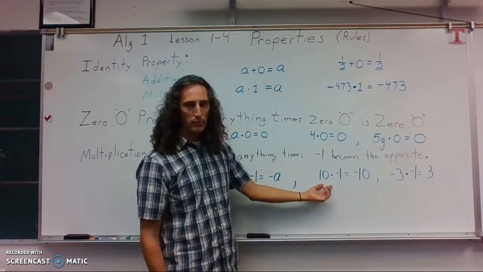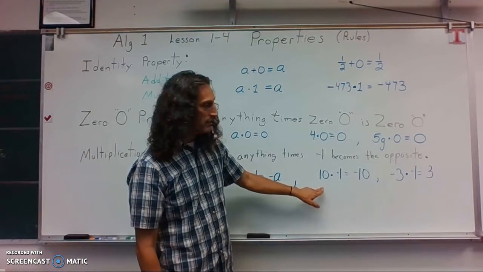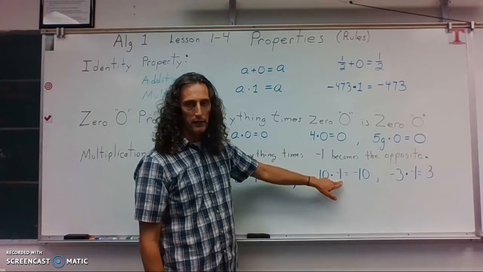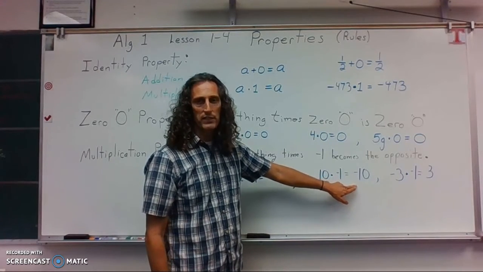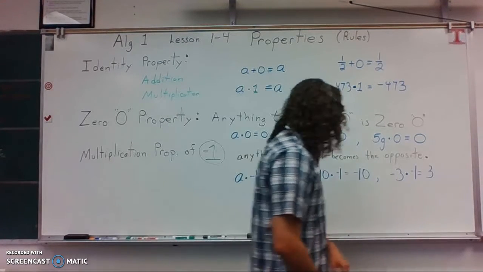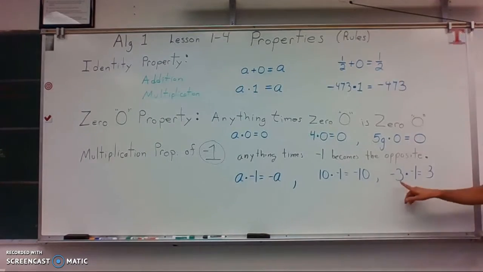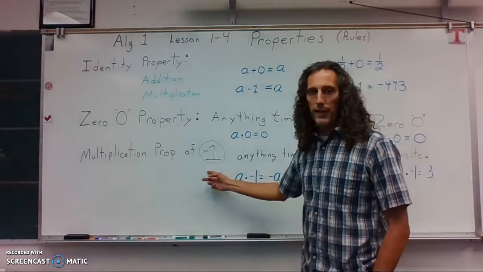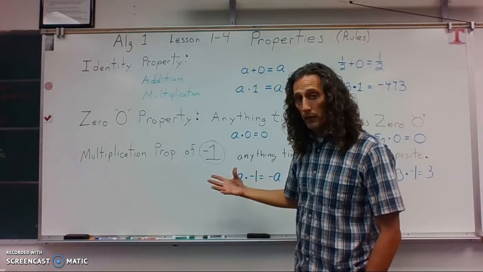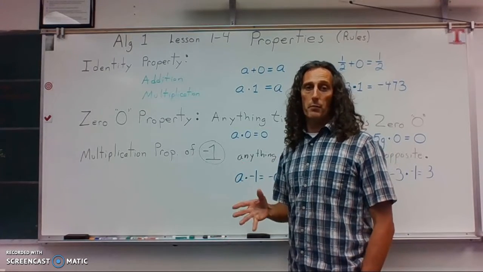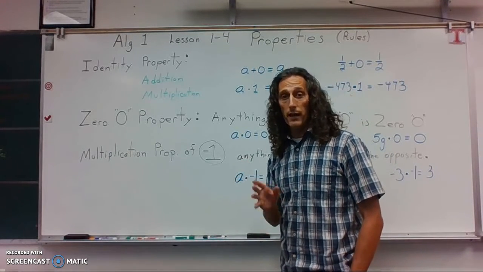Over here, a more practical one, you have 10 times -1 equals a -10. And then on this one, if you start with a negative, like -3, and you multiply it by a -1, then it becomes its opposite. It becomes a 3. So the -1 property just changes every number into its opposite.